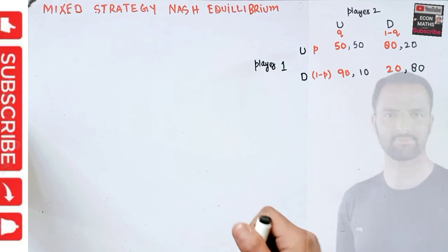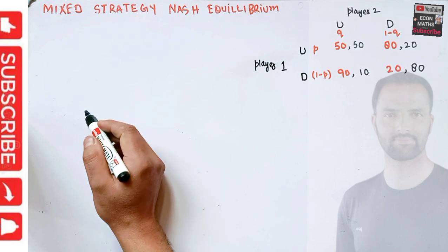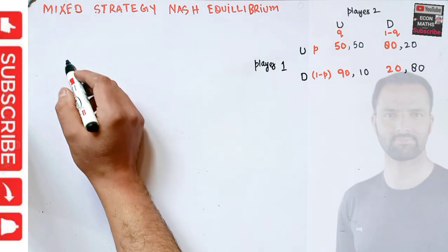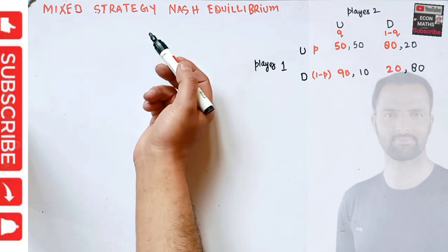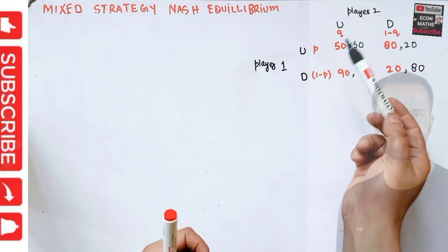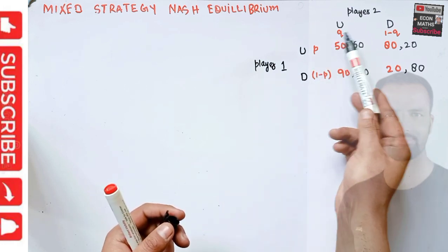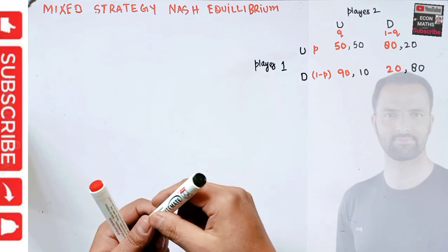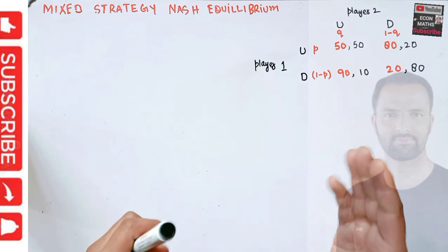So whenever we have randomness, we need to find the expected payoff. How do we write the expected payoff? It is simply the expectation of a random variable. Our random variable here is to play up or down.